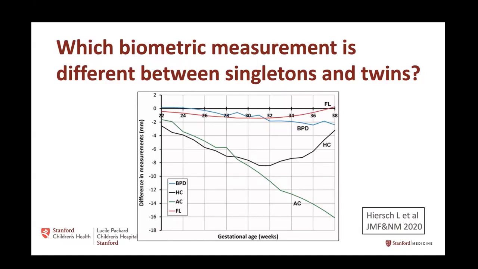What we see in this particular figure is that it's really the abdominal circumference over time that is the difference between singletons and twins. So it's not that twins necessarily have a different size head or anything else. It seems to be the abdominal circumference that is really driving this difference for the most part.